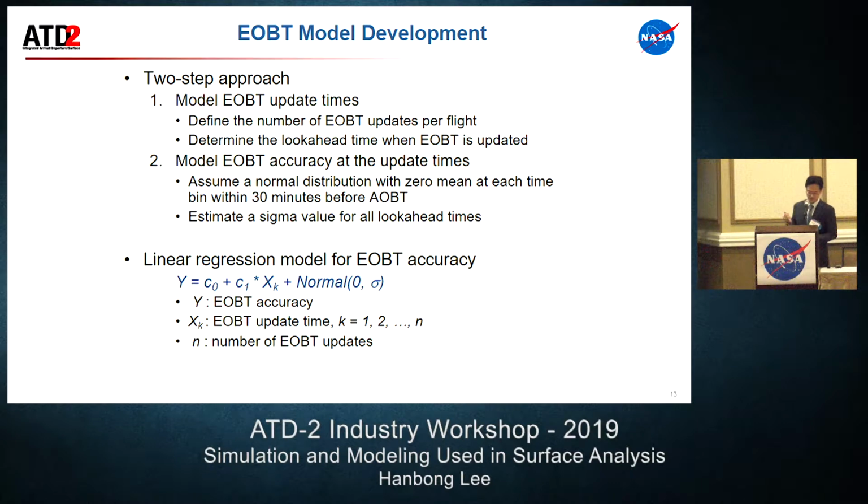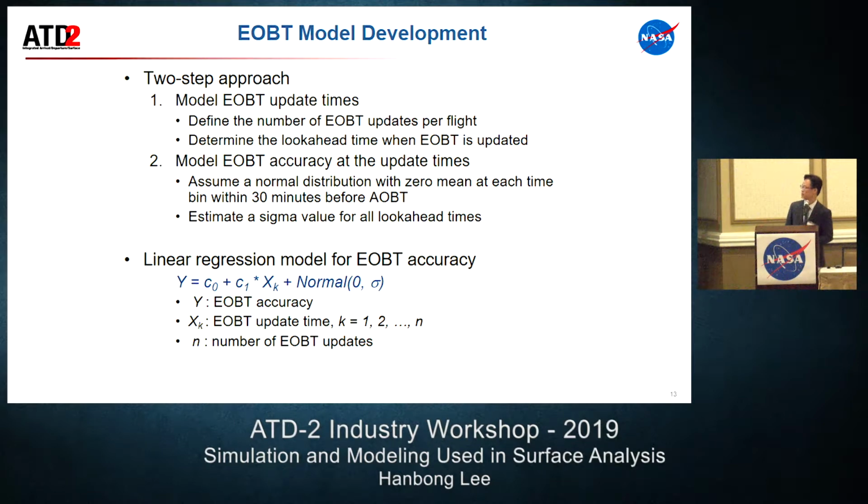Okay, so from this UVT data observation, we developed the UVT model using a 2-step approach. In step 1, we define the number of UVT updates for each flight and determine the time when the UVT will be updated. And in step 2, we model the UVT accuracy at each updated time.